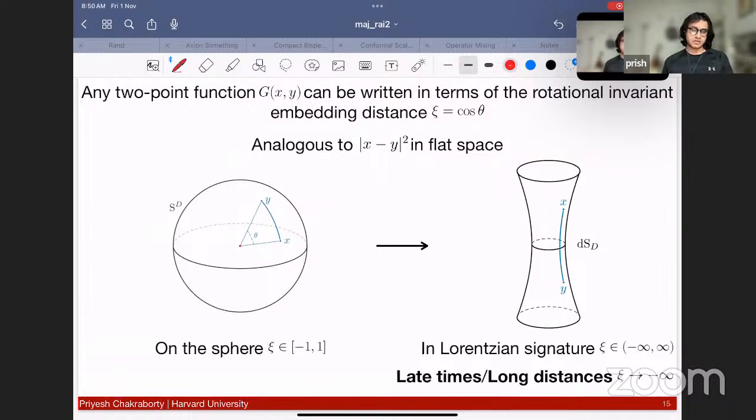So we're dealing with two-point functions in de Sitter. We should exploit the symmetries available to us, and the de Sitter invariance basically translates into rotational invariance on the sphere. So any two-point correlation function will be a function of the angle subtended by two points on the sphere. Specifically, it'll be useful to keep track of the cosine of this angle, which I'll call C. And this is really analogous to your standard Poincare invariant distance in flat space.